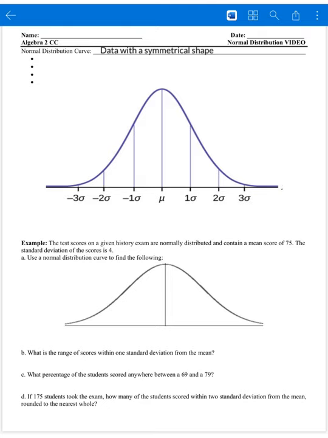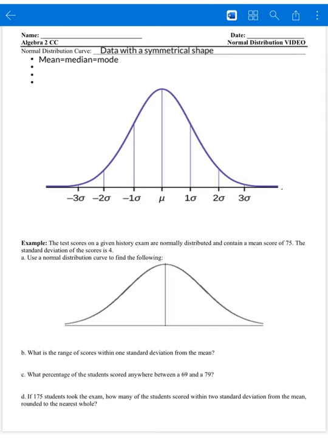When your data is symmetrical, that means that the mean is equal to the median is equal to the mode. The mean, median, and mode are always the same thing, and it's always in the middle, the high point of it. Okay, so that's the first thing that you should know.